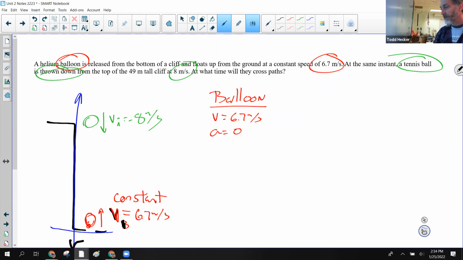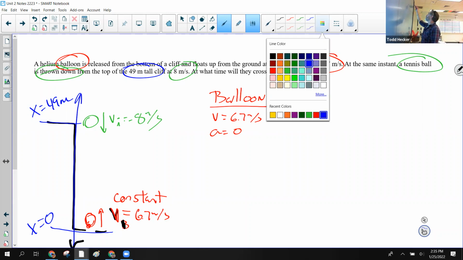Let's call the bottom of the cliff a position of 0, which means since the cliff is 49 meters tall, the position at the top of the cliff is going to be 49 meters. Now, there's nothing magic about this. I could have made the top of the cliff a position of 0 and the bottom -49 meters. But you need to choose some sort of origin.